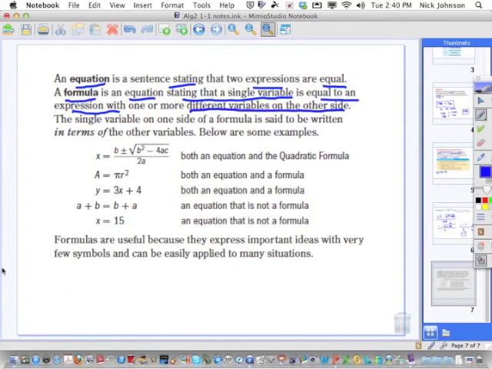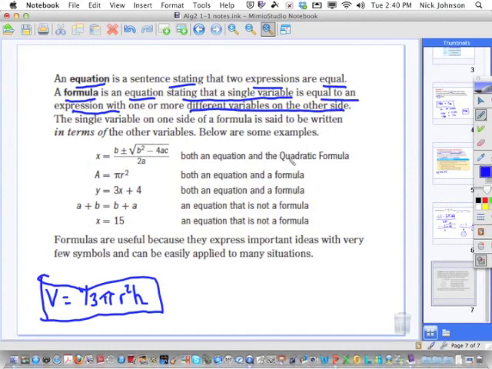So an example of a formula was our volume of that cone, which was 1/3 pi r squared h. That is a formula.